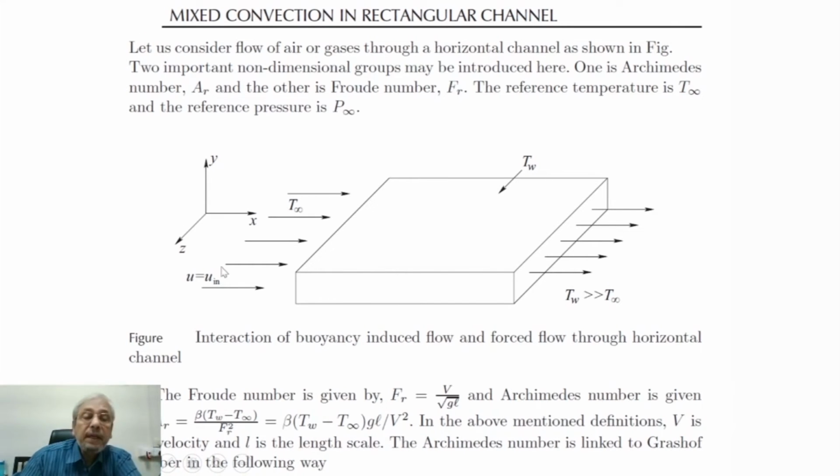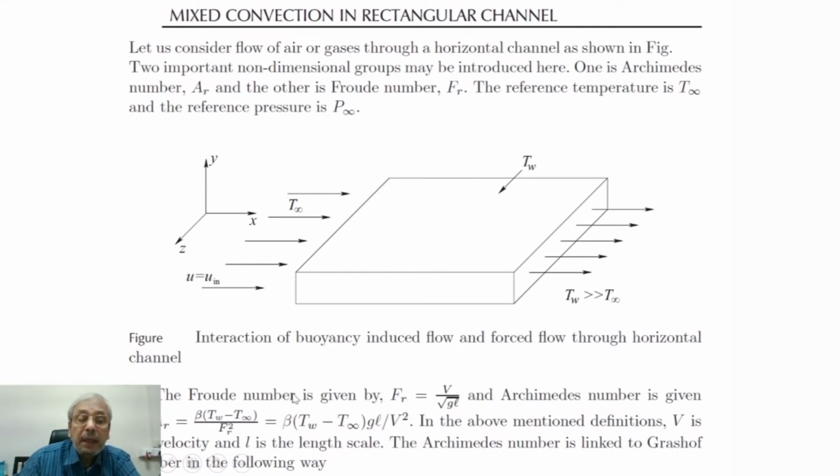So basically the fluid, before coming in contact with the heated surface, has temperature T infinity and reference pressure P infinity. It passes through a duct which is heated, and the top wall and the bottom wall are heated at a temperature T_w. If T_w is much higher than T infinity, then obviously because of the high temperature gradient there will be natural convection together with forced convection.